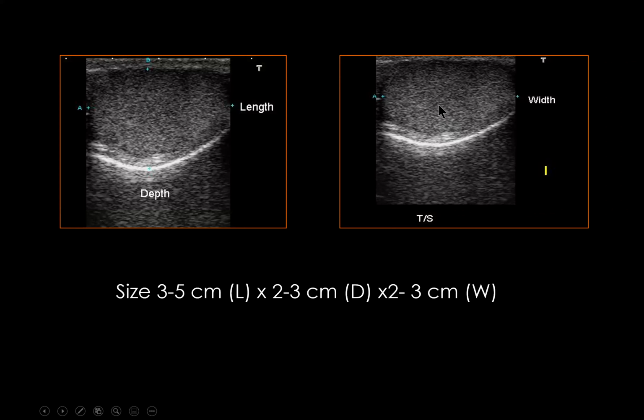The width of the testis is measured in this transverse view. In adults, the testis measures approximately 3 to 5 centimeters in length and 2 to 3 centimeters in both depth and width.